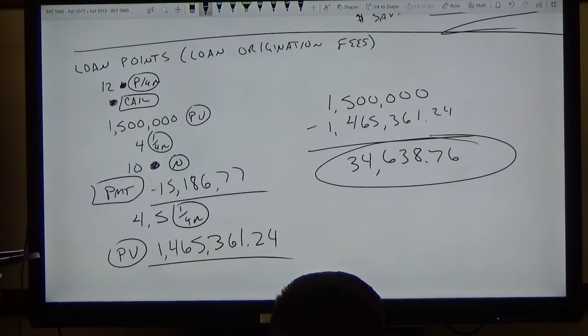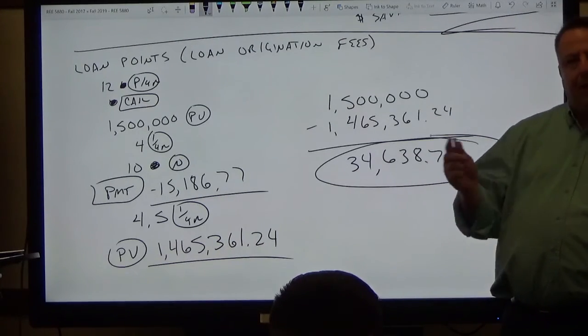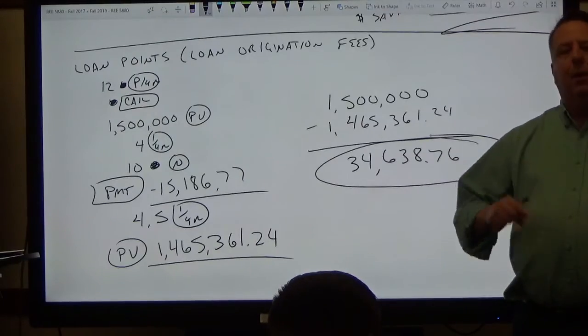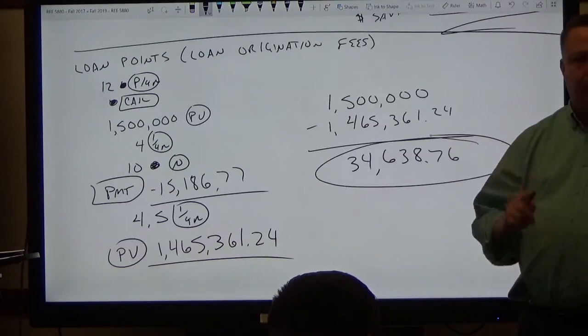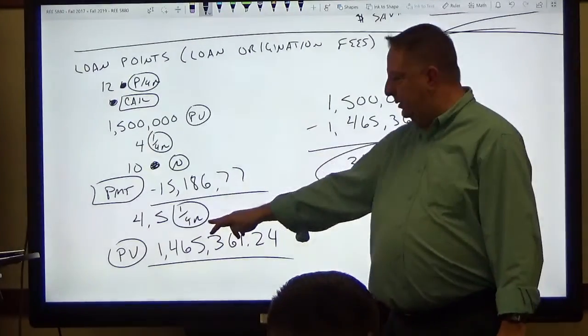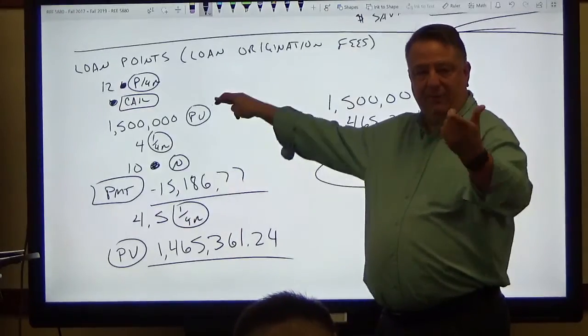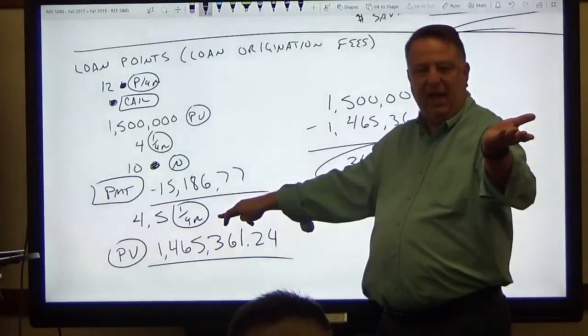So what they're saying internally in the bank is we don't know what dollar amount we want to charge you. What we do know is what yield we want to achieve on this loan. So they're saying, instead of really paying 4%, we want him paying 4.5%.